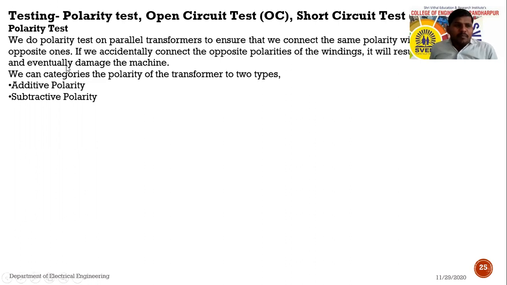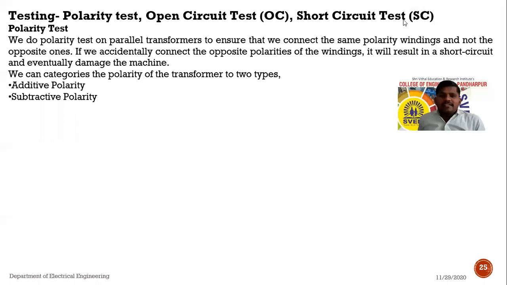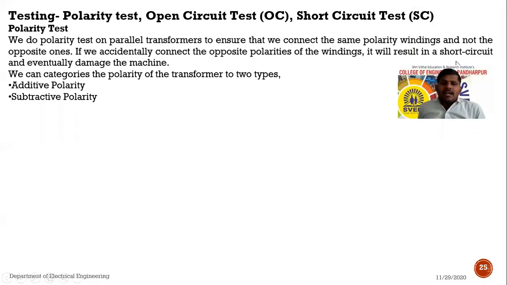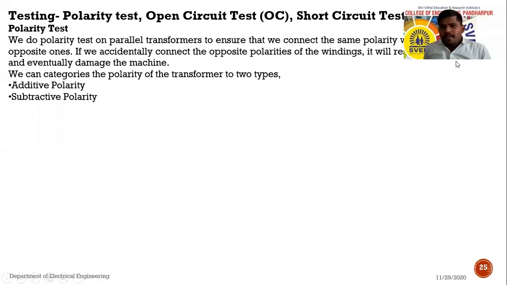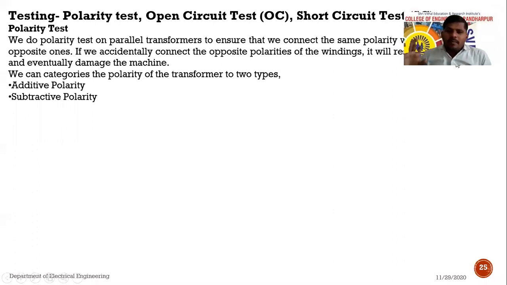We do the polarity test on parallel transformers to ensure that we connect the same polarity winding and not the opposite one. While operating two or more transformers in parallel, you should know the polarity, and once we know it, we connect the same polarity of both transformers at the same point. Otherwise there is opposition in the connection.